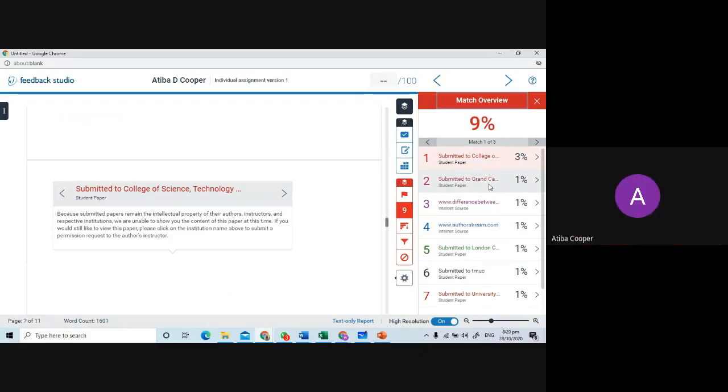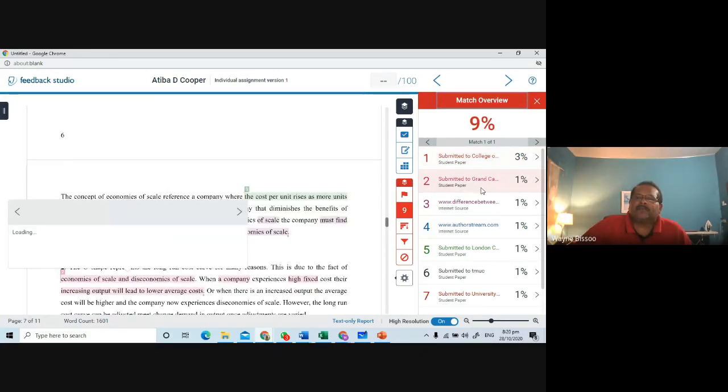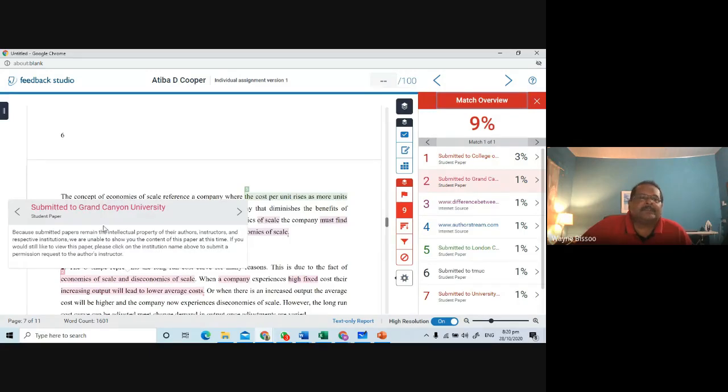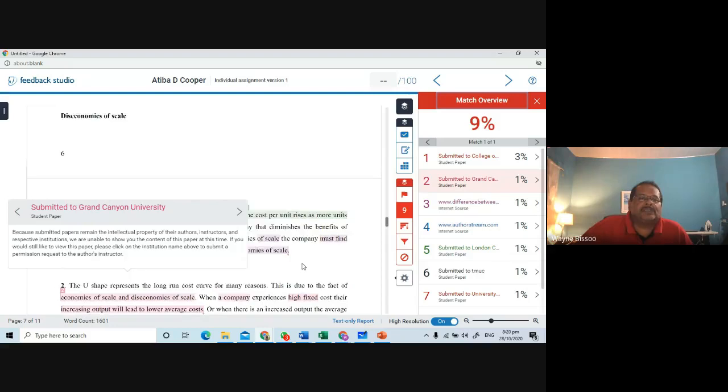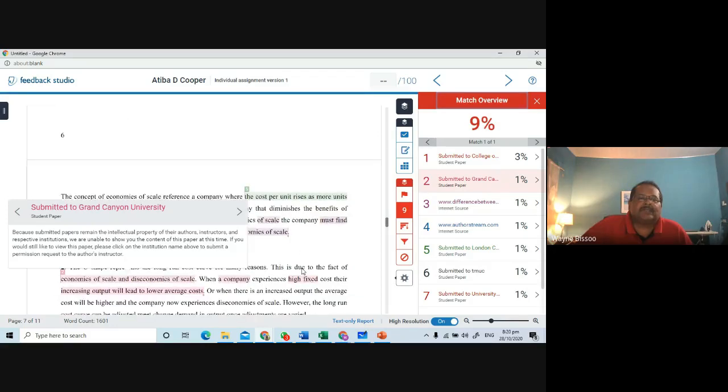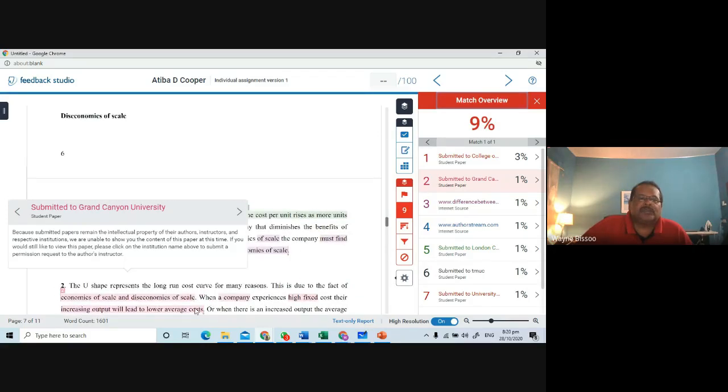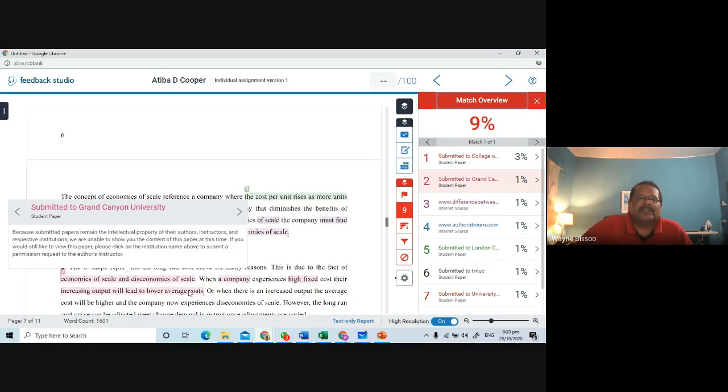But what you want to look at is where it says this one comes from Grand Canyon University. This is item 2. This is something you need to look at to see if maybe at this point you needed to do some in-text citation. But it doesn't look like that. These are just generic terms that came together. So don't worry about that one.